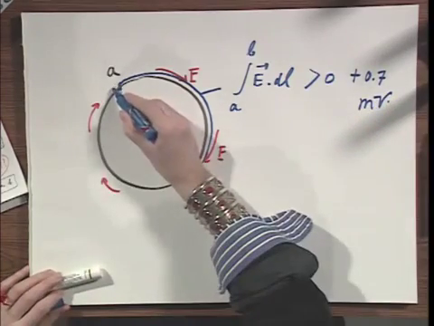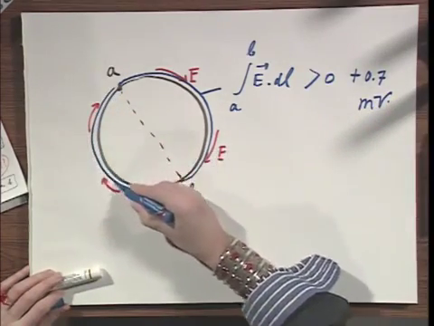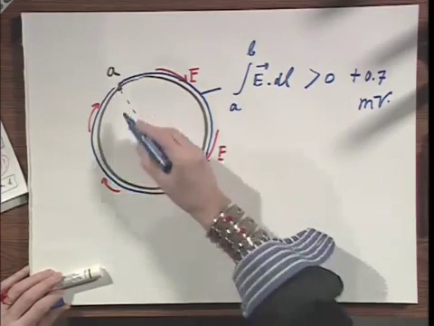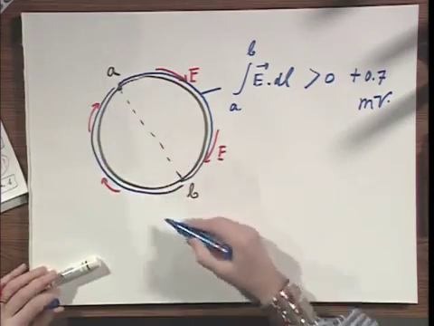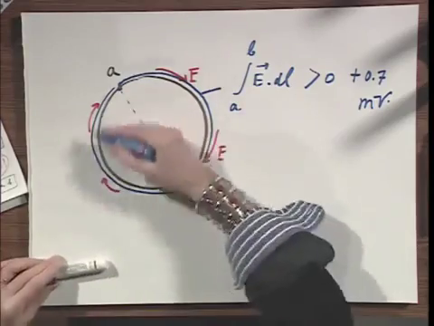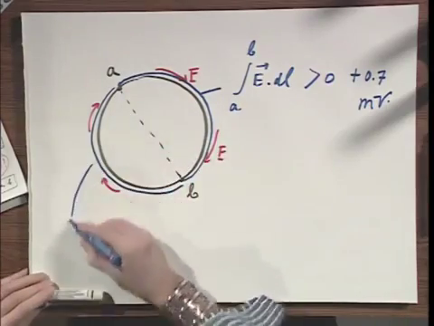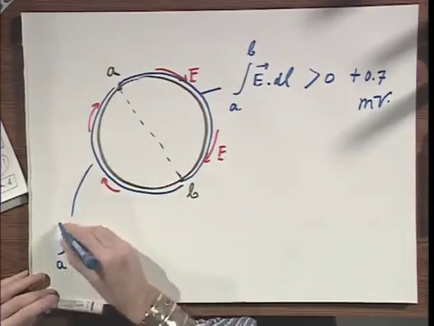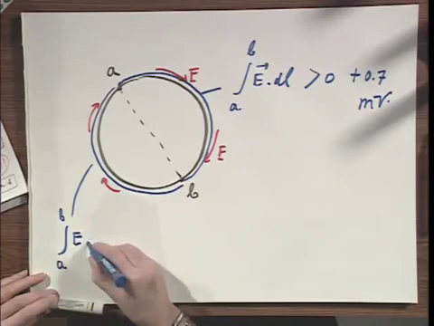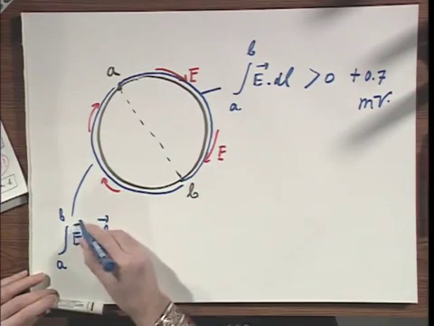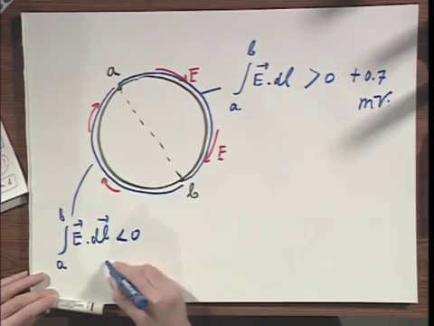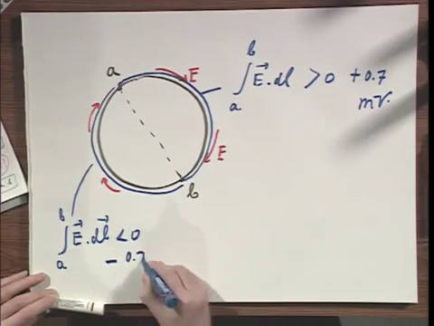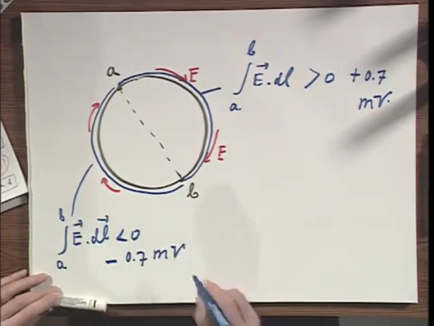If, however, I walk in this direction, notice that my E and my dl are in opposite directions, so the dot product will give me a minus sign, and so here the integral in going from A to B of E dot dl is negative. It happens to be minus 0.7 millivolts.